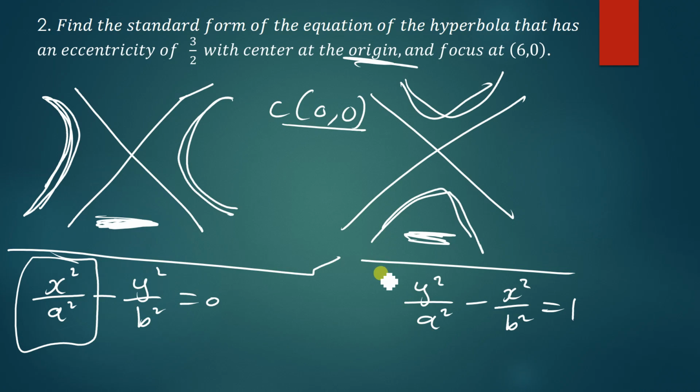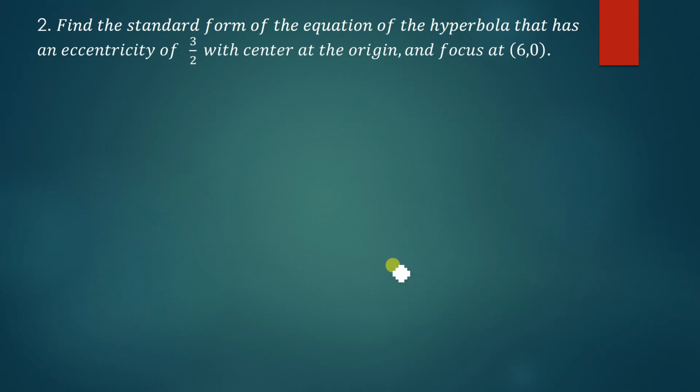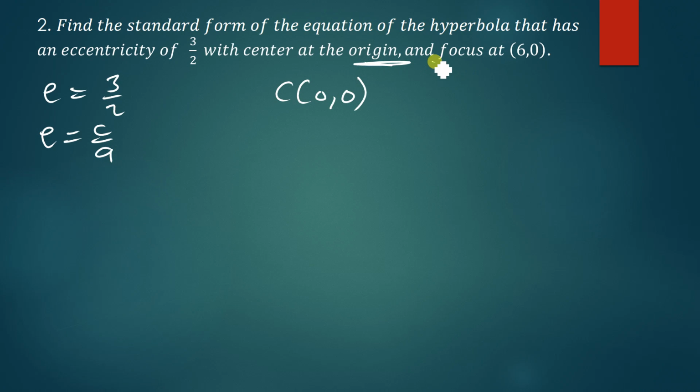Alright, so let's quickly discuss this one. It has been given that the eccentricity is 3 over 2. We know that eccentricity is given by c over a. They are also telling us the center is 0,0, at the origin, and the focus is 6,0.